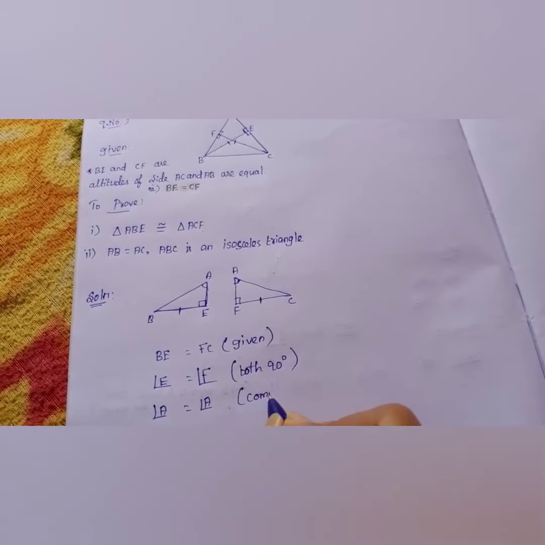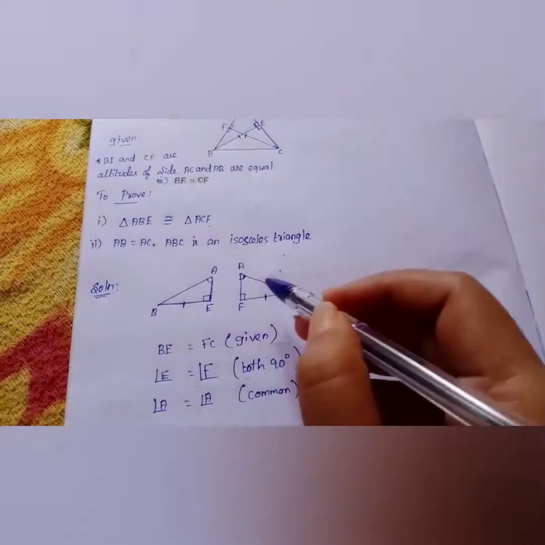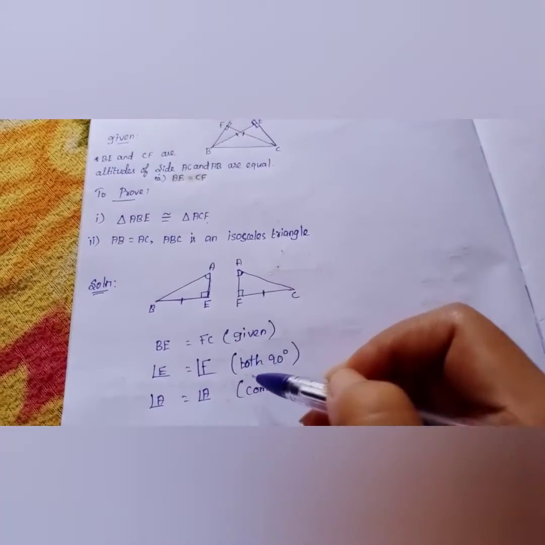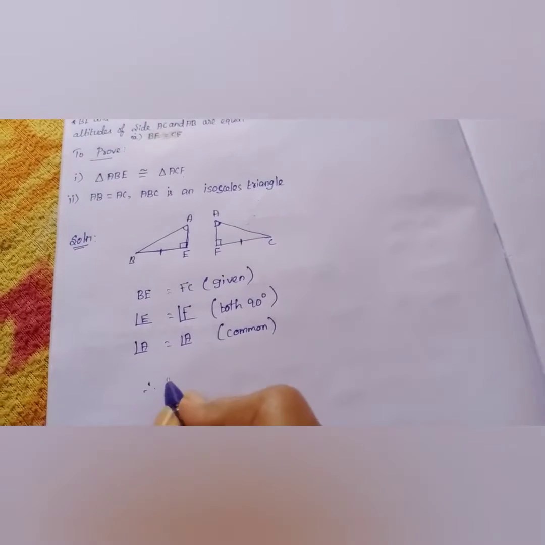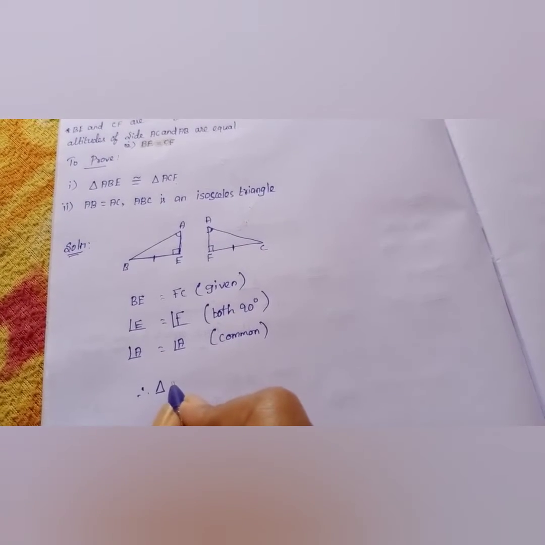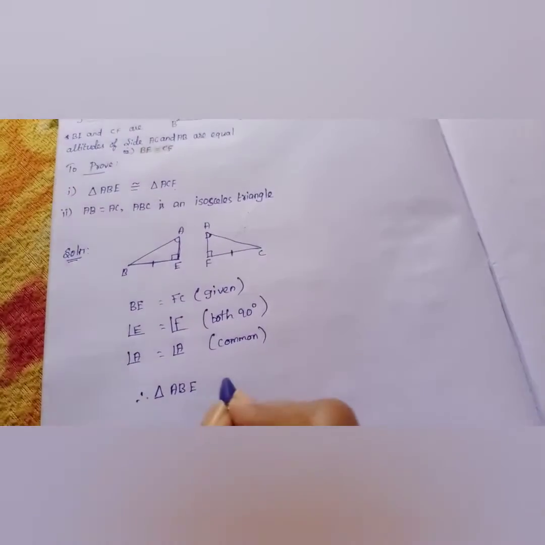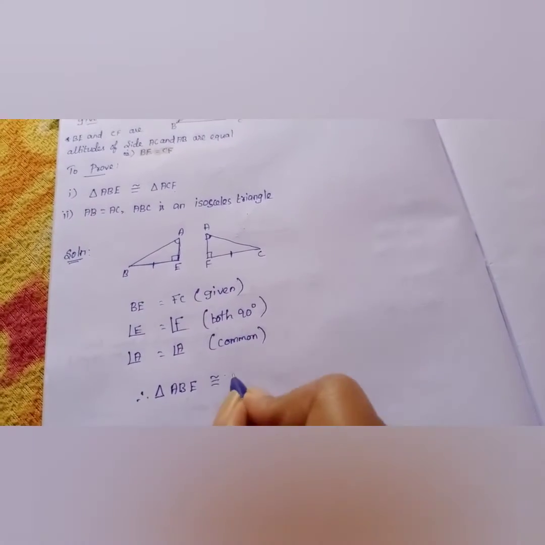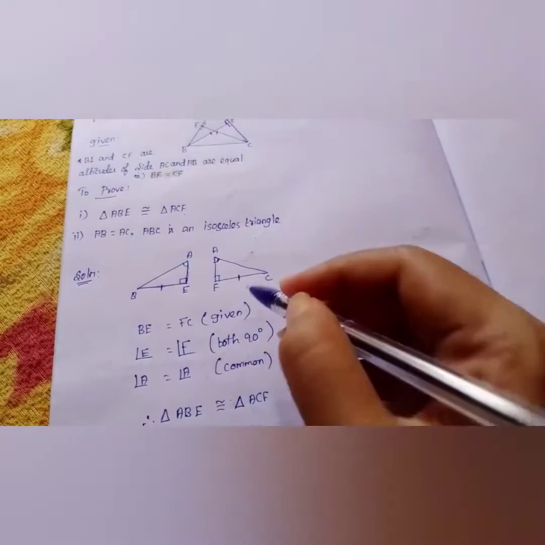So common. Okay. Now we can mention triangle ABE is congruent to triangle ACF. By the rule. What's the rule? You have to mention the rule.